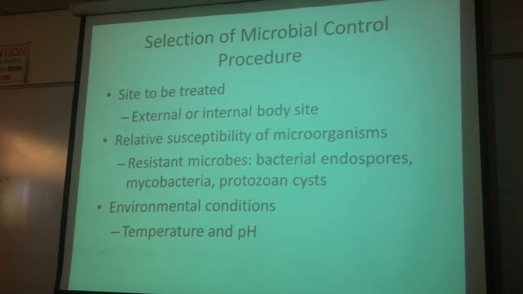And what are we treating? Different microorganisms are susceptible to different things or different amounts of whatever we're putting on them. We talked about endospores and how resistant those are. If we're trying to get rid of endospores, we need a whole different treatment than if we're just trying to kill some coli.